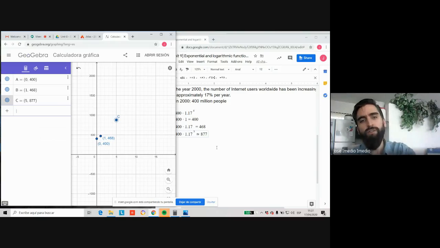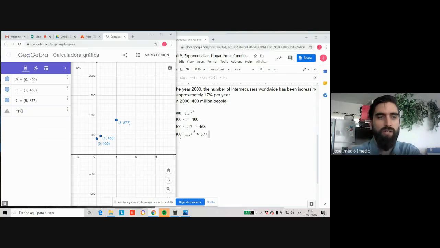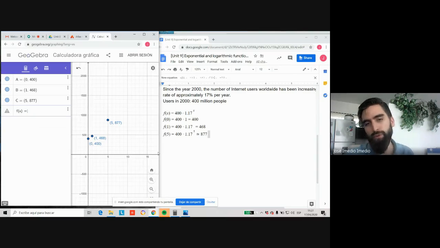Now we could draw the line right here. So let's just draw the function. Why am I doing all of this? Because I'm expecting you guys to do it in your notebook. Of course, GeoGebra is a very useful tool for you to check your results, but for the exercises, all the assignments and everything, you have to draw that in your book.